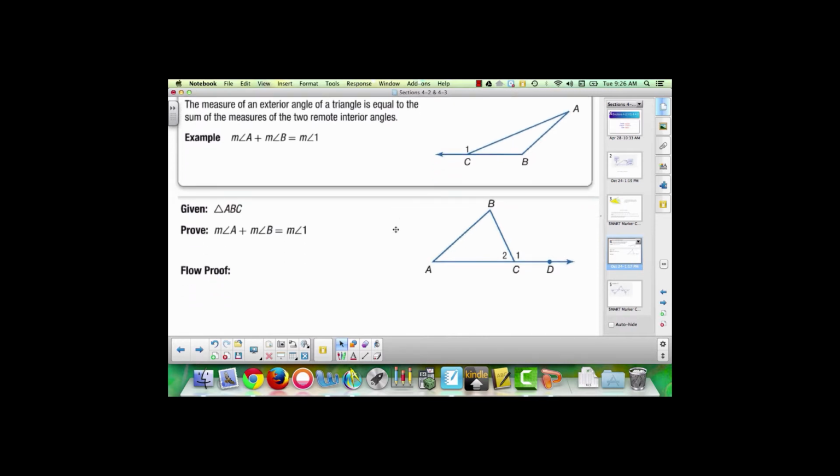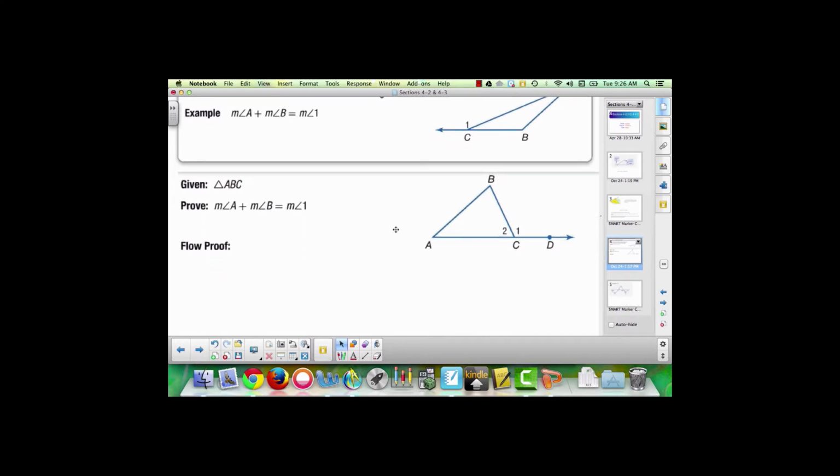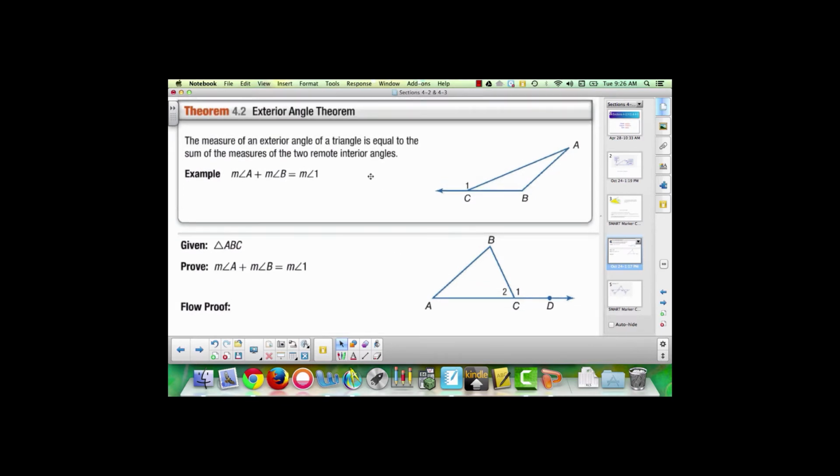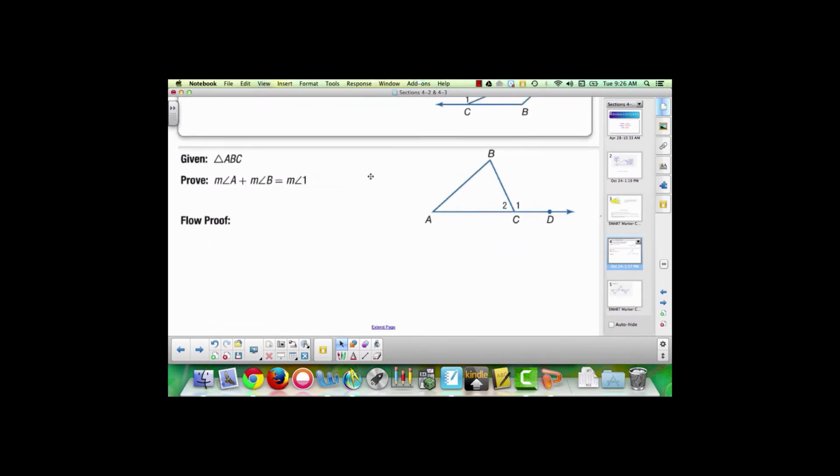I'm going to do a demonstration of a new kind of proof to prove this theorem, the exterior angle theorem, called a flow proof. In a flow proof, we have boxes with a statement and a reason inside of them. And then we have arrows coming out of those boxes leading to another box, which is a conclusion that we can make based on what is in the original box.